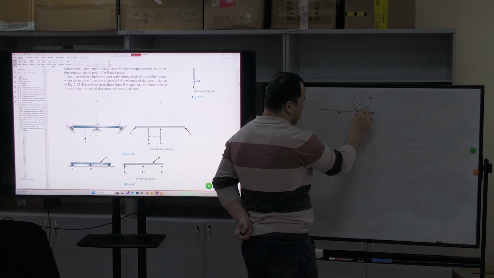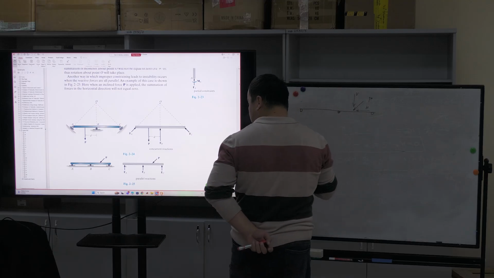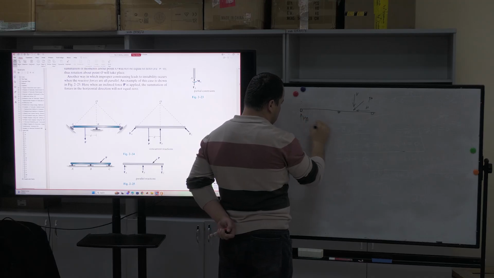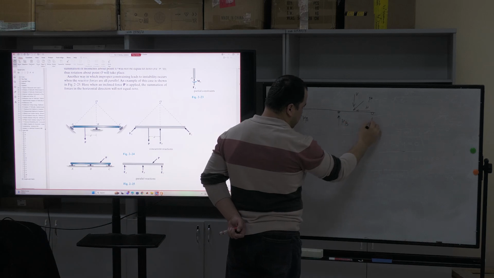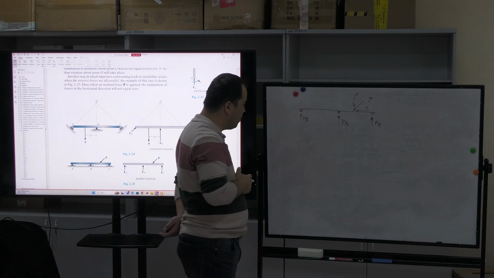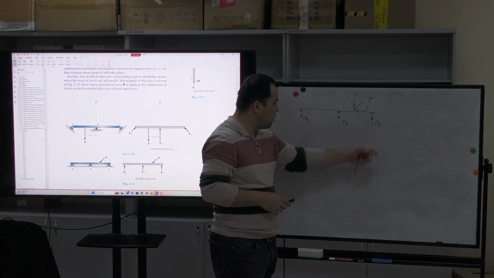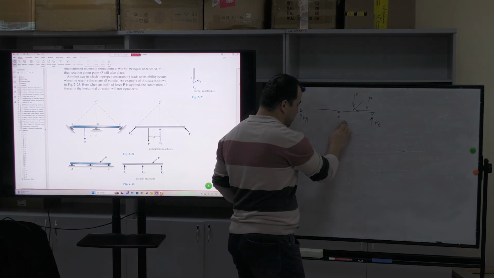This is a horizontal force, this is a vertical force, and we have it in 3 points: HA, HB, and HC. So we have 3 forces that exist here. Sorry, it's not horizontal force, it's vertical force. I'm confused, I'm sorry.